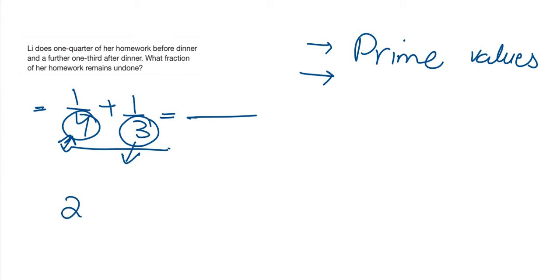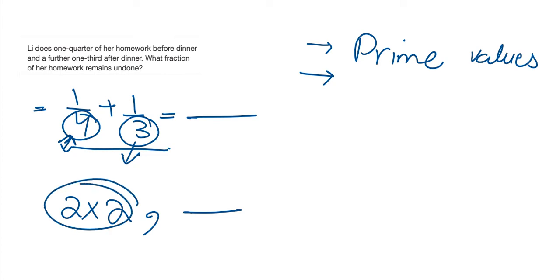For example, 2 times 2, but you don't get 3 in the table of 4.